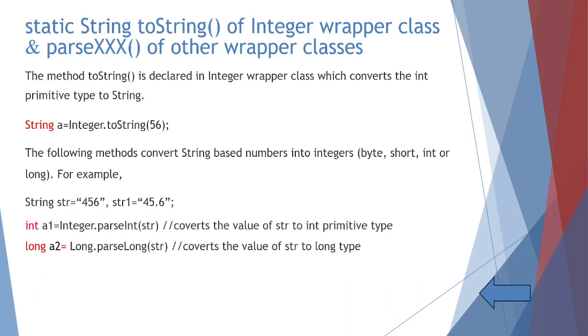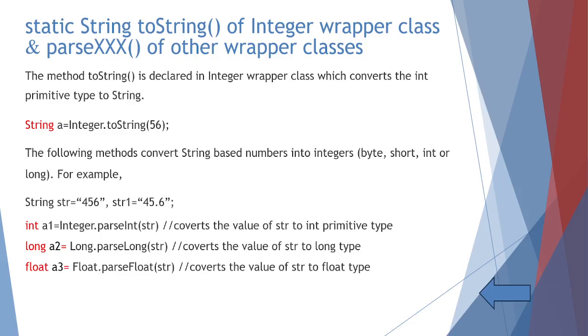We can use Integer.parseInt, Long.parseLong. str is an object, and it converts the value of str into int primitive type or long primitive type depending on the wrapper class we use. So 456 in double quotes, that is the str object, is converted to int primitive type in the first method, Integer.parseInt. And the second method, Long.parseLong, converts into long variable A2.